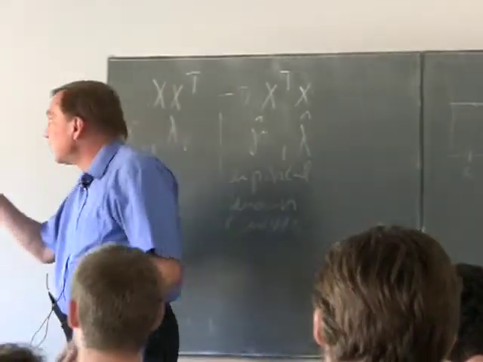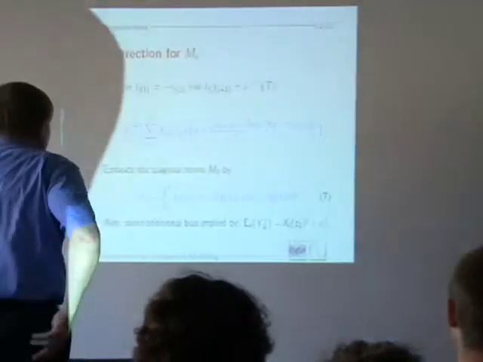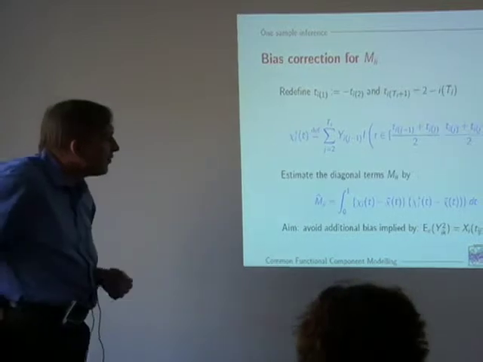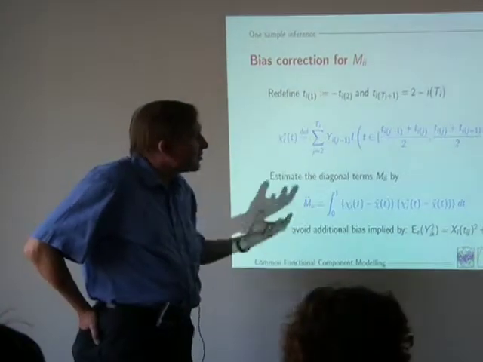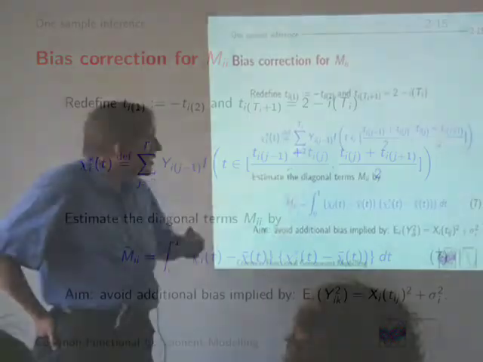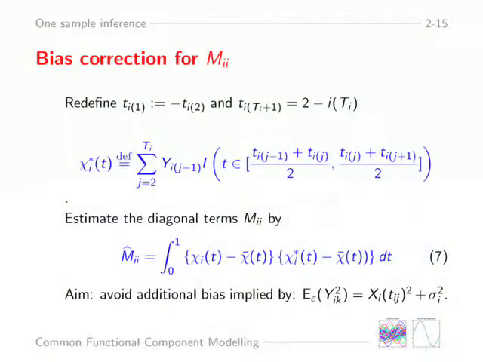Because you only shift by one observation point, this won't produce a big bias, but it will avoid something which is close to the variance of epsilon, sigma squared. So that's again a removal of diagonal terms, and this is our estimate.